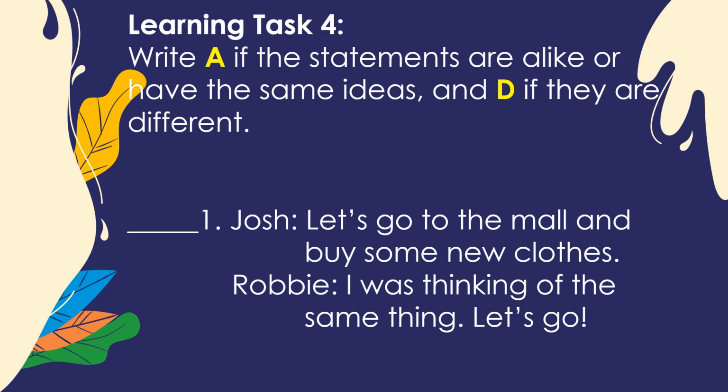Let's go! So para sa gawaing ito, si Josh at si Roby ay nagkasundo na pupunta sa mall para bumili ng bagong damit. Sila ba ay alike or the same ideas or different? Tama. Letter A.